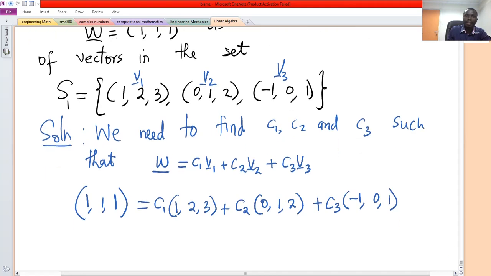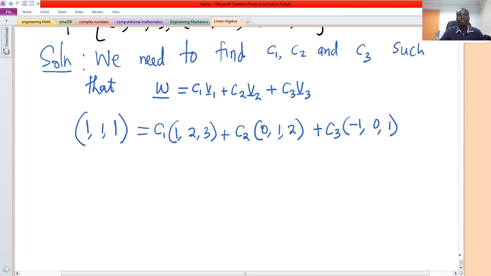This is just by definition, inputting the values of V1, V2, V3, and the W given. Now, if you multiply a vector by a scalar, that scalar multiplies every element of the vector.